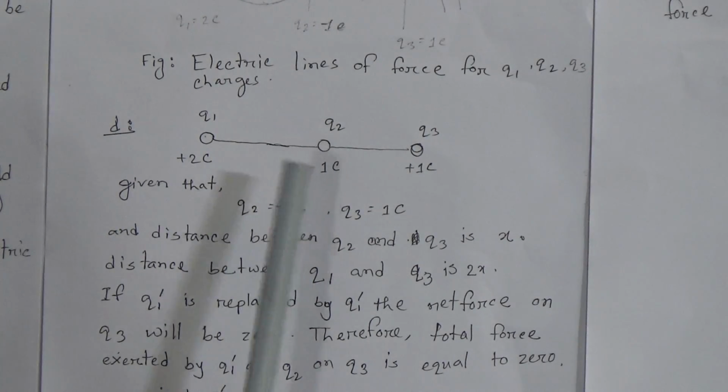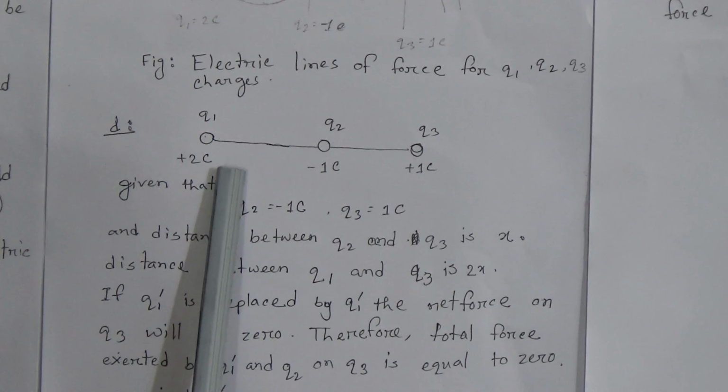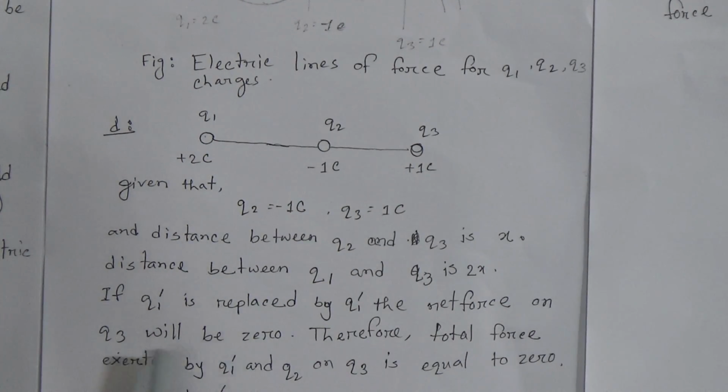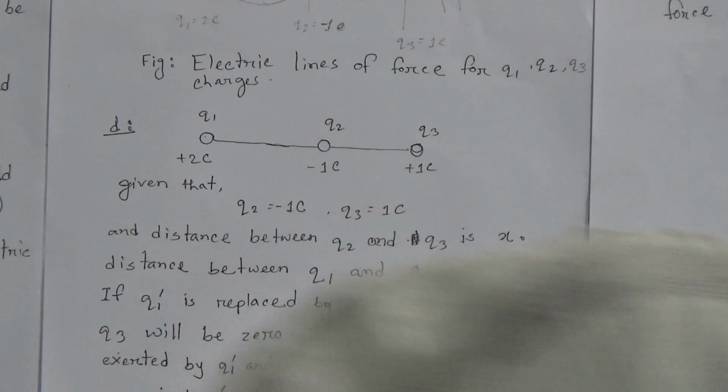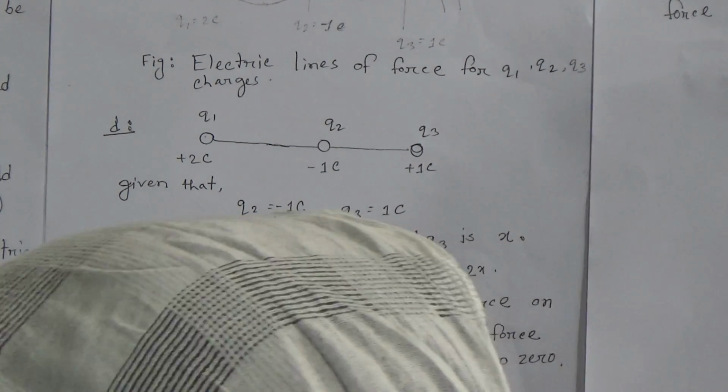And if Q1 dash is replaced, net force on Q3 will be 0, and therefore the force exerted by Q1 dash and Q2 on Q3 is equal to 0. So from Coulomb's law we can write this equation.